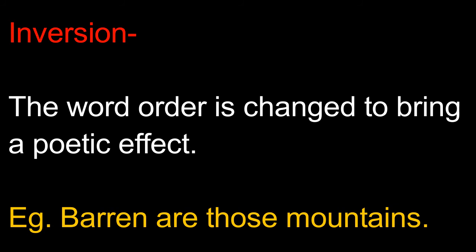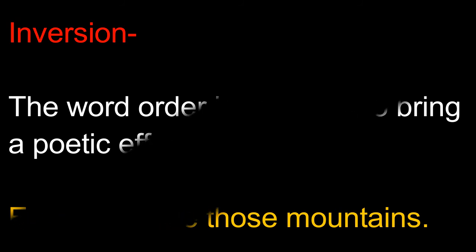The prose order is I seek not wealth, but for better expression it is wealth I seek not. Not to autumn will I yield, instead of I will not yield to autumn. So it is an example of inversion.